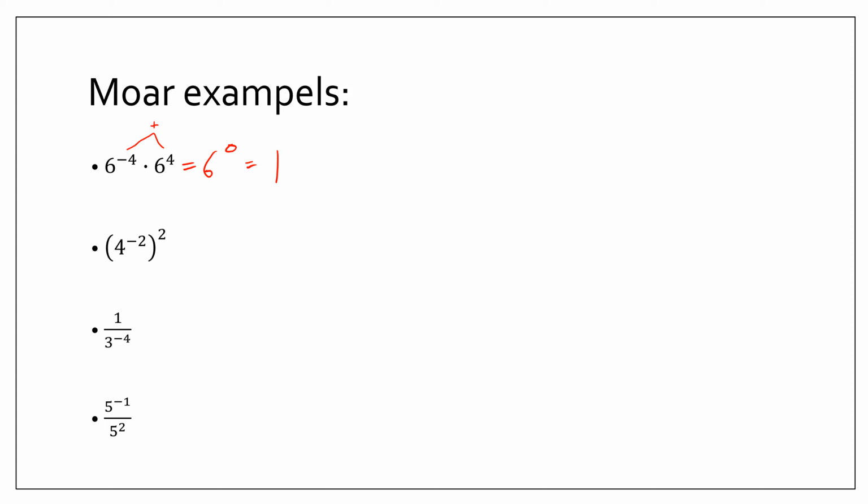Next, don't worry about this negative exponent. What's going on here? I have a power to a power. I need to multiply these exponents. So this is 4 to the negative 4. Okay, now I need to worry about the negative exponents. So I think the way I like thinking about it is what's 4 to the positive 4, and then I can just remember to flip it at the end. 4 to the 4, let's see, 4 times 4 is 16, times 4 is 64, times another 4 happens to be 256.